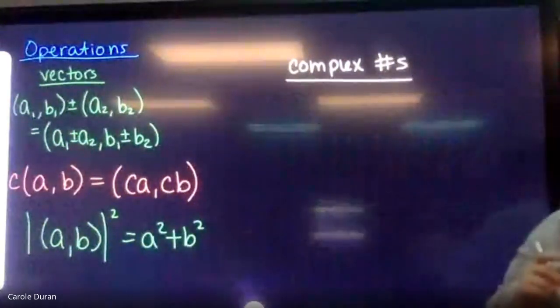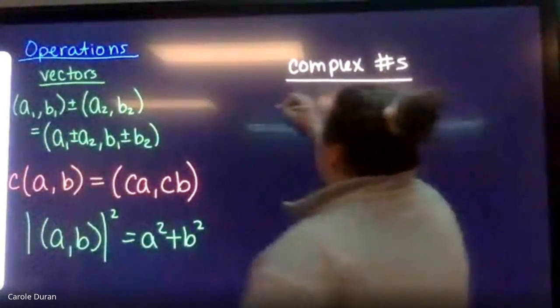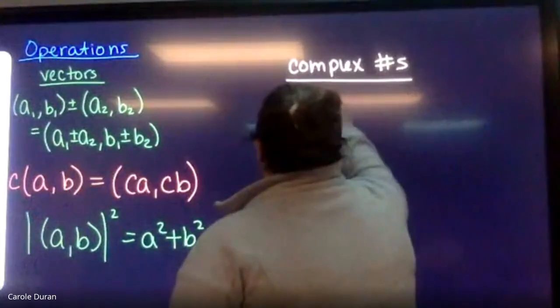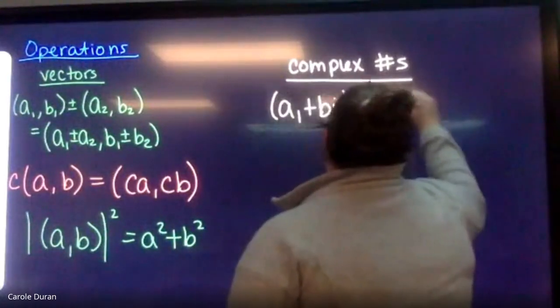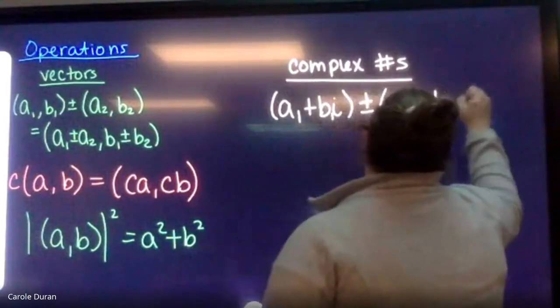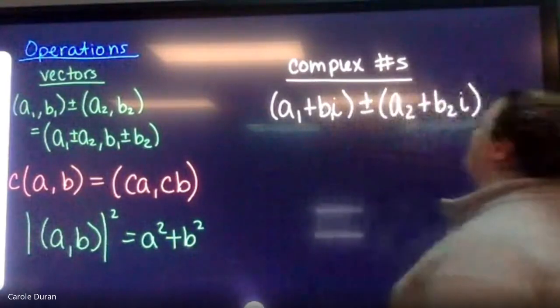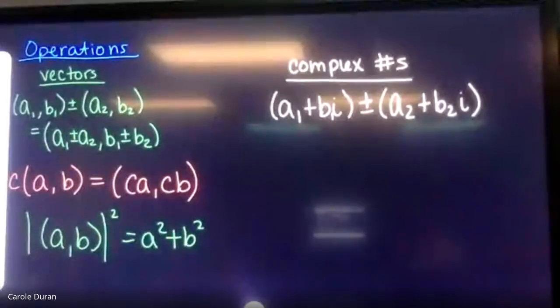So for complex numbers, I can add two complex numbers together. When I add them together, I add like parts together.